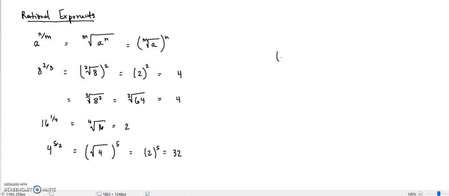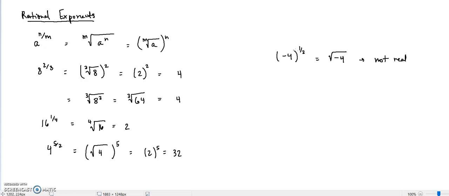Now, let's say we've got a negative inside of the root. Exponent 1/2 would be a square root, and we've got a -4 on the inside. We know that taking the square root of a negative is not a real number.